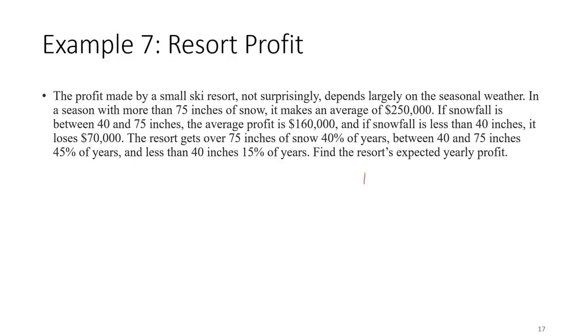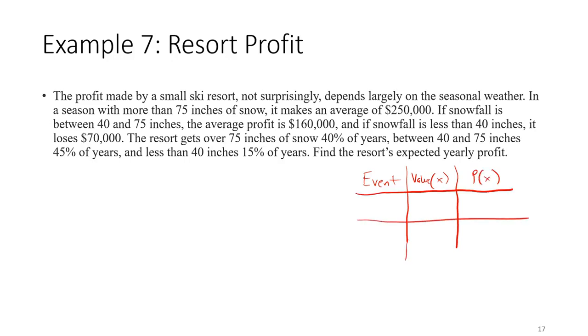Let's just build a small table here. We want the event, and then the value of the outcome, or in this case the profit. So this will be our X value. And then we want the probability. There are 3 different outcomes that are possible. First of all, if we have greater than 75 inches of snow, then the resort is going to make $250,000. And this happens 40% of the time, or a probability of 0.4.